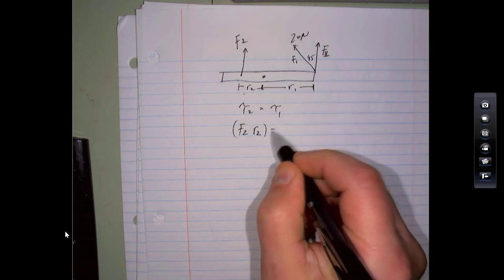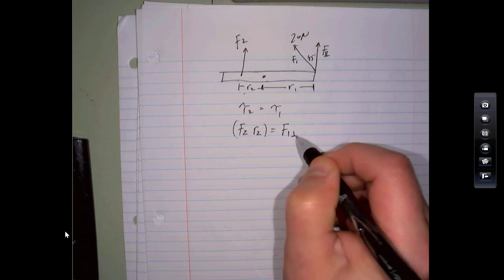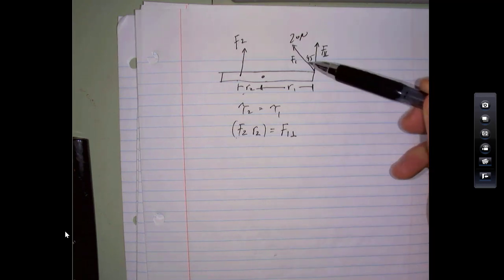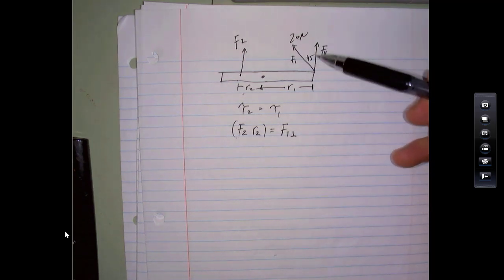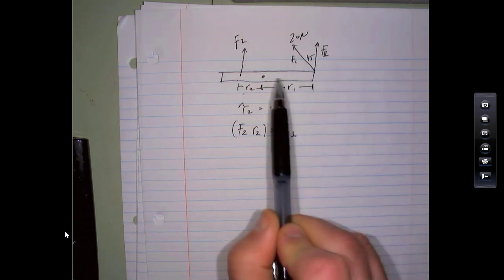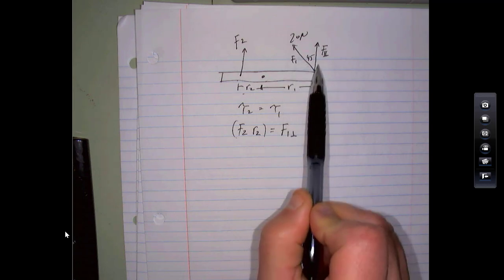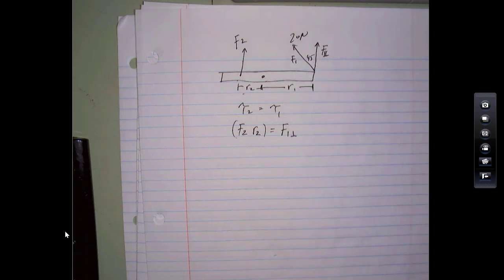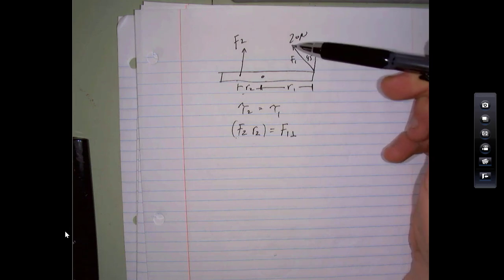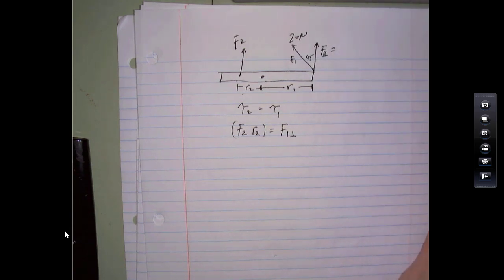This is going to be equal to F1 perpendicular. So if this is F1, this is F1 perpendicular. It's the perpendicular part of the force times the lever arm that we need. They give us F1, but we really need F1 perpendicular, so I'll leave it to you to get that. F1 is 20 newtons, and you'll have to figure out how much F1 perpendicular is.